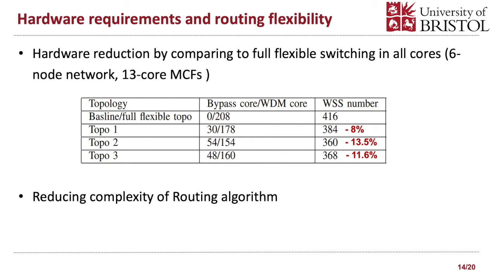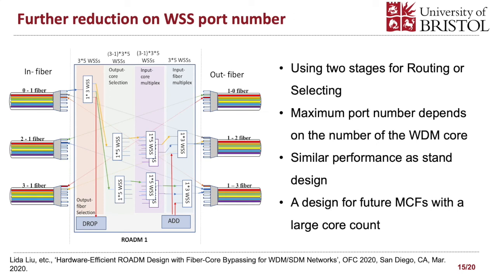And in the future, if we have multi-core fibers with larger core numbers, we can use this technology to further reduce the port count requirement of the WSS. Using two stages for routing and selecting, the first part and the second part both using two stages, in this case our design's maximum port number depends on the number of WDM cores.